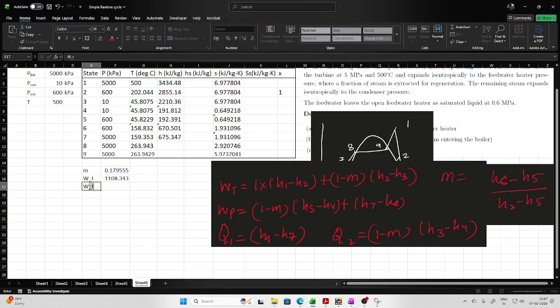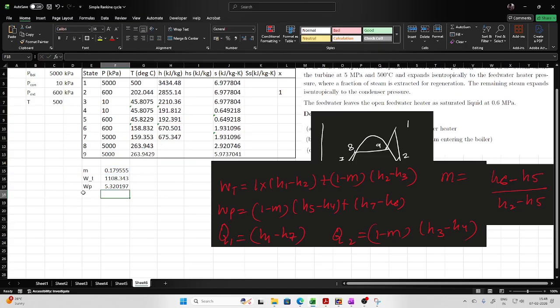Then comes the pump work. The pump work will be equal to (1 minus M) times (H5 minus H4) till this point, and then plus H7 minus H6.